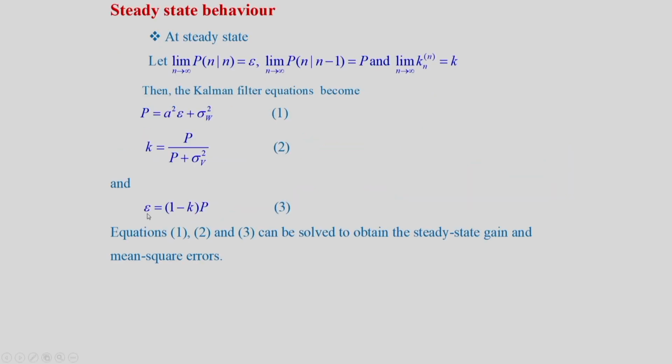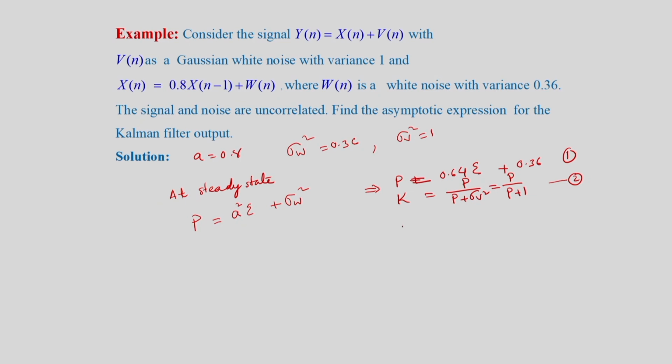The third equation gives the mean square estimation error in terms of the mean square prediction error: epsilon is equal to 1 minus K into P. Substituting K is equal to P by P plus 1, this is 1 minus P by P plus 1, into P, which is simply 1 by P plus 1 into P. So epsilon, the mean square estimation error, is equal to P by P plus 1.